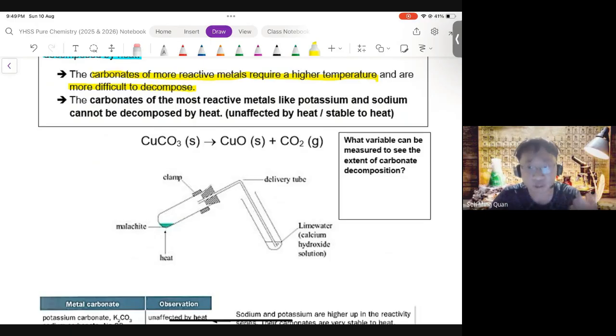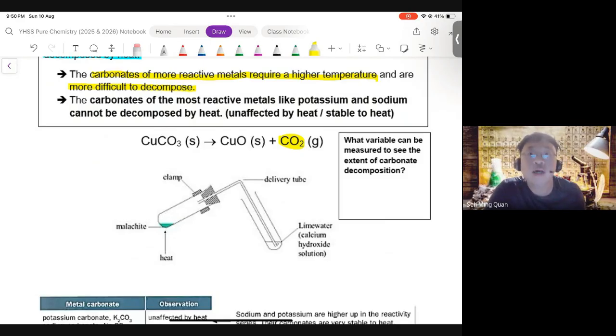And indeed, when we decompose copper 2 carbonate, it forms copper 2 oxide and carbon dioxide gas. So the CO3 basically decomposes to form CO2 and of course the oxide O with the copper. Okay? So that is the reaction. CuCO3 decomposes when heated to form CuO and CO2.